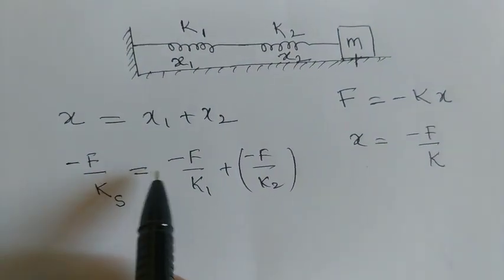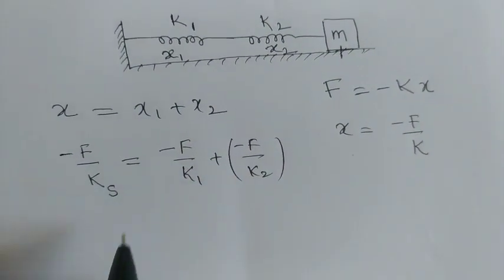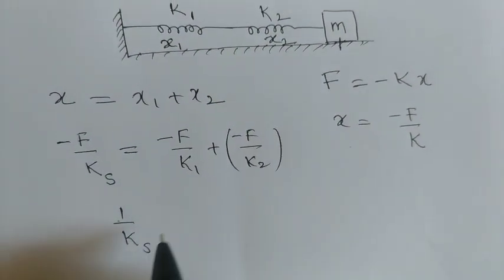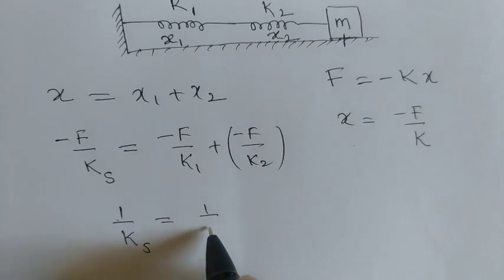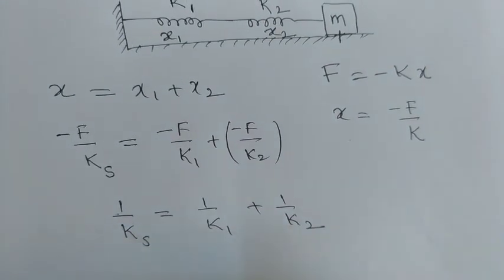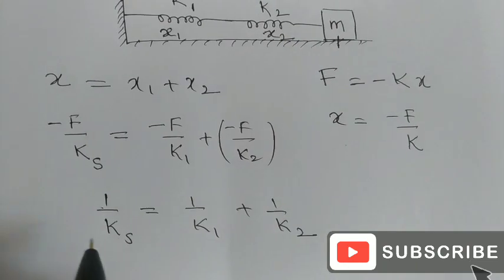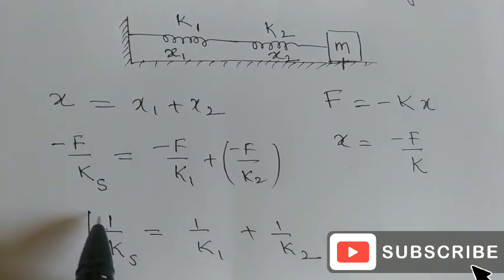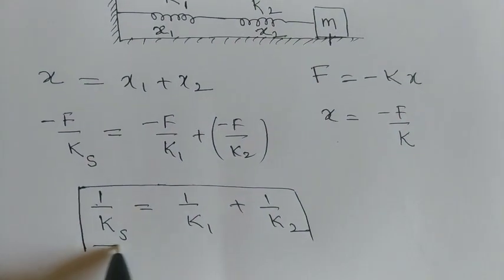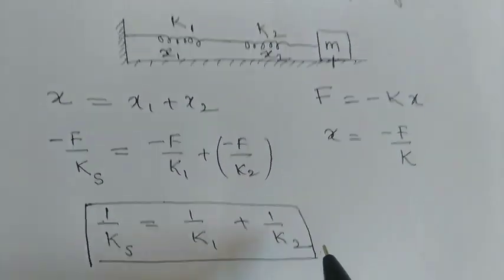Of course -F cancels out in all the terms. Then the final equation is 1/ks = 1/k1 + 1/k2. This is the resultant equation in series combination: 1/ks = 1/k1 + 1/k2.